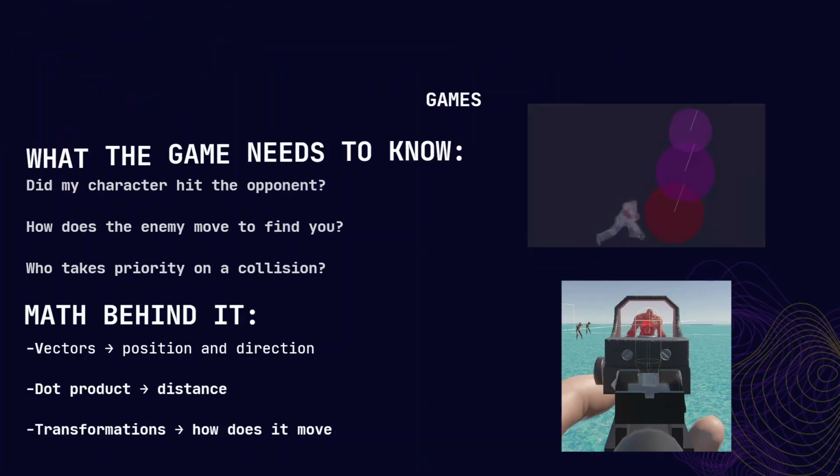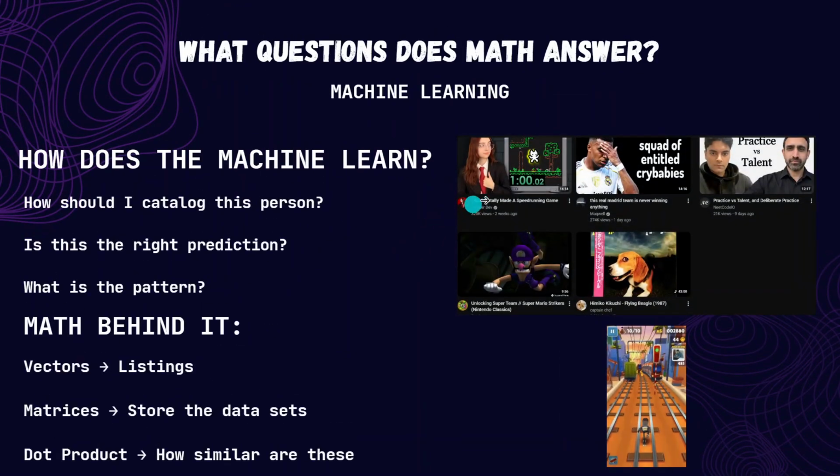As for machine learning, everybody has TikTok or Instagram or some type of short form content where you can see recommended videos, like a Reddit story or a Minecraft video where it's just telling something.